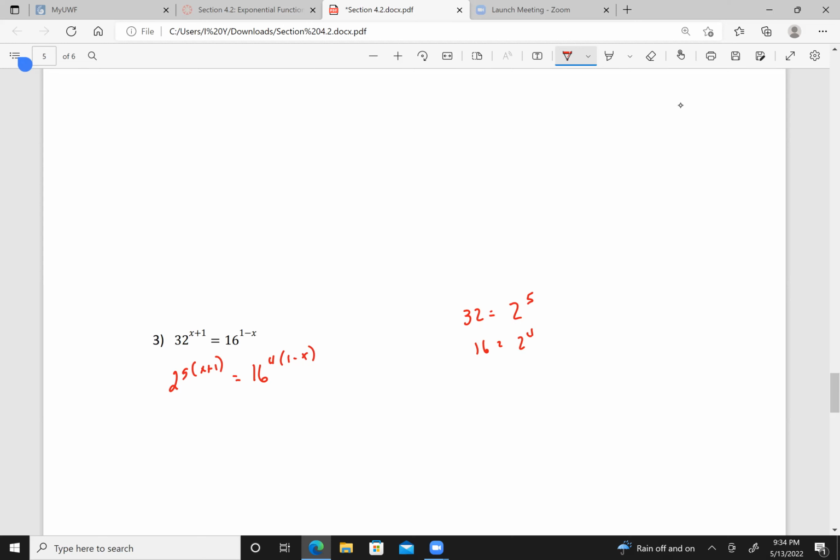So when we have exponents to exponents, we just multiply the exponents. So essentially what we're saying is 5 times x plus 1 is equal to 4 times 1 minus x. So I have 5x plus 5 equal to 4 minus 4x. Add 4x to both sides, I get 9x. Subtract 5, equals -1. x equals -1/9.